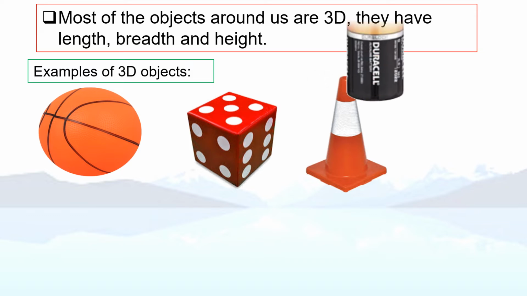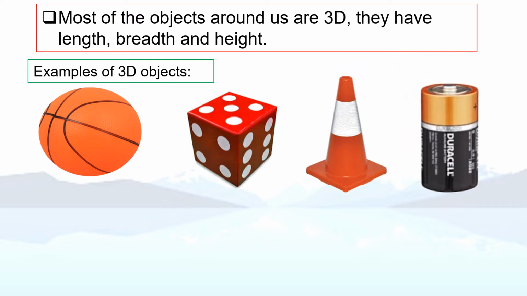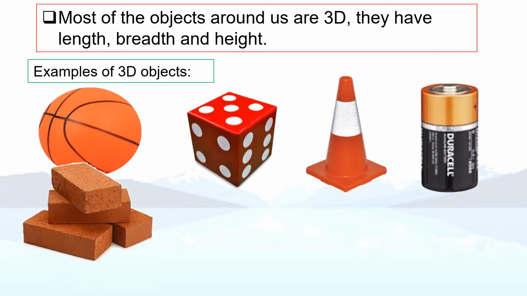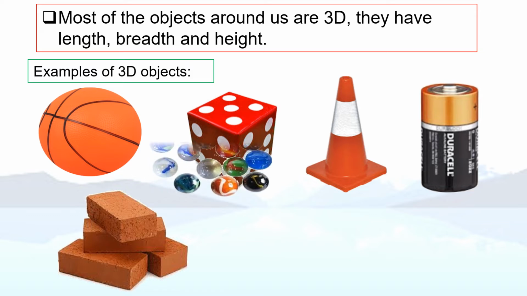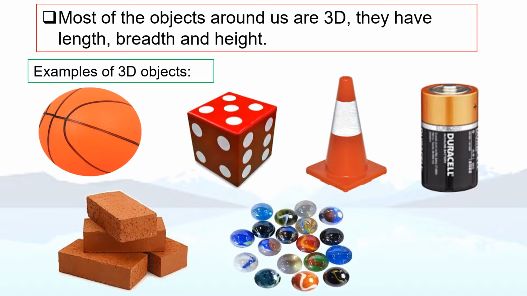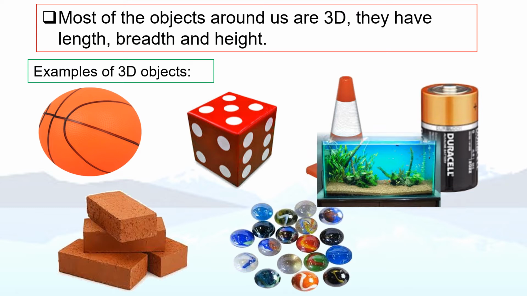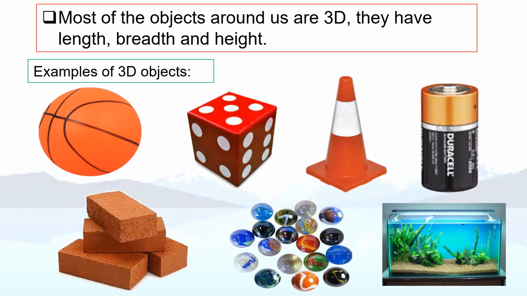We have the battery, a cylinder, and then we also have rectangular blocks, which are cuboid, and marbles, which are spheres, and then the fish tank or aquarium, which is a cuboid.